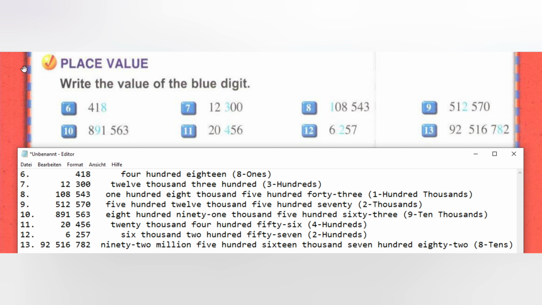Okay, and the last is 92,560,782. A little bit complicated, but at the place where 8 is blue, it is 8 tens. I hope it was clear for you, and please control it for yourself. The next task.